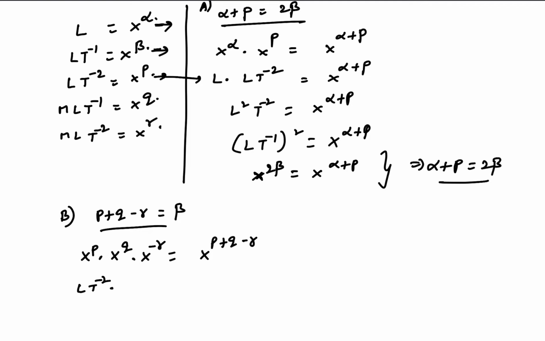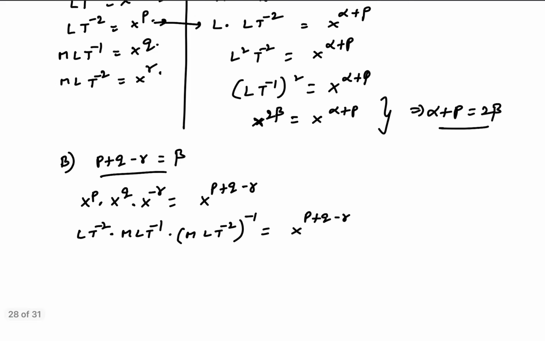Okay, x power p is L t power minus 2, x power q is m l t power minus 1. Next, x power minus r we have to write, that is (m l t power minus 2) whole power minus 1, which equals x power p plus q minus r. Now you can write it as L t power minus 2, M L t power minus 1, M power minus 1, L power minus 1, t power plus 2.